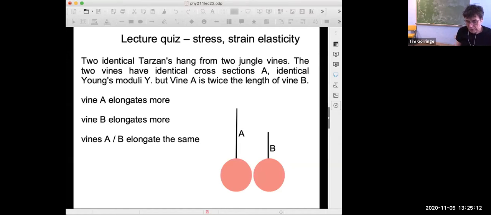We talked about this earlier when we talked about the stress-strain elasticity relationship. If the stress is the same and the Young's modulus is the same, then the longer vine will stretch more, the shorter vine will stretch less. So vine A elongates more.